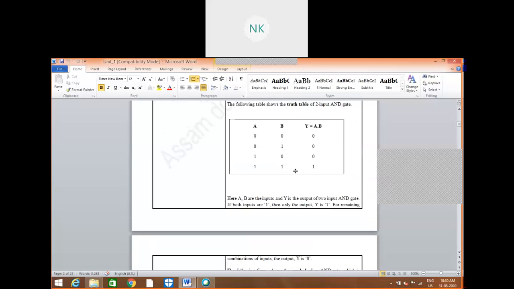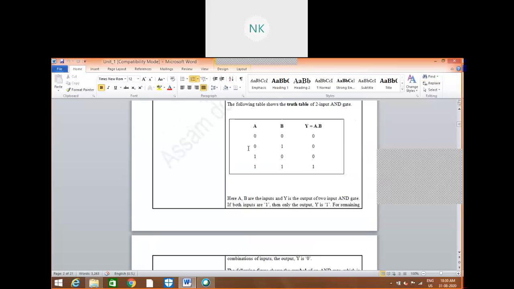This is our truth table, and if we have input 0 and 0, 0 means no signal, and through B also we don't have any signal. So our output will be 0, because 0 into 0 is 0.